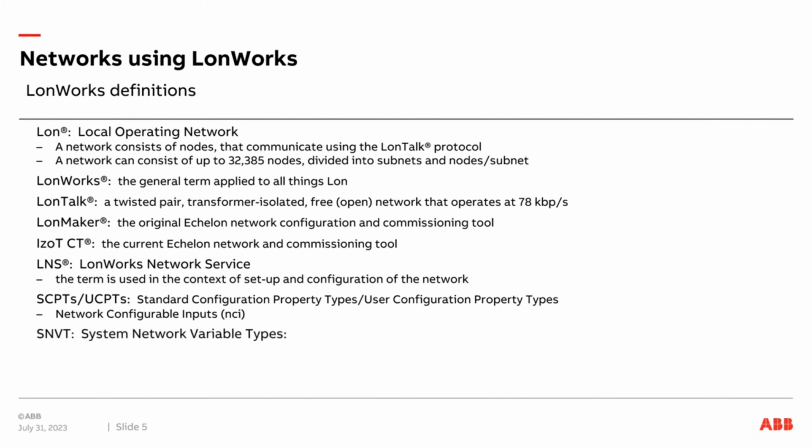They have another definition, and like other networks, that's where they have network variable inputs and outputs, and then they break that down further into switches, levels, and counts. I don't need you to memorize that. I just need you to be aware that as you go through, say, for example, the LonWorks manual, you're going to see these terms used, and I just want you to be familiar with them.